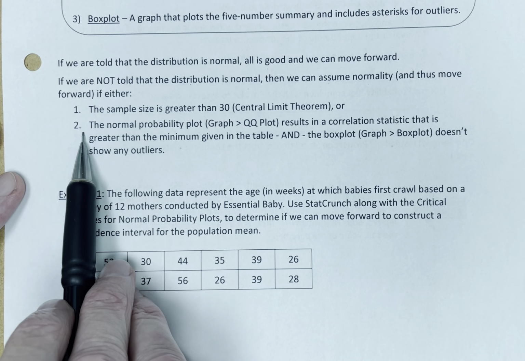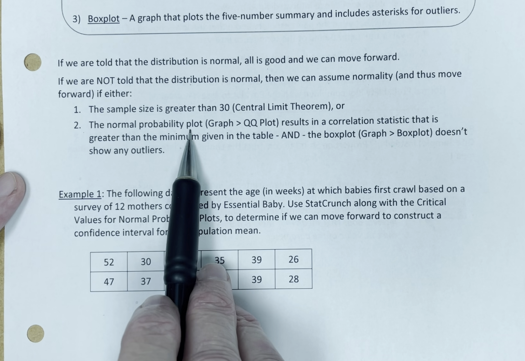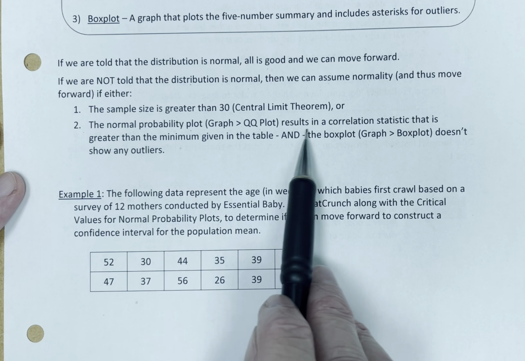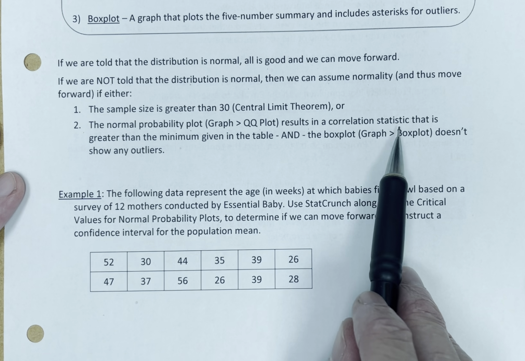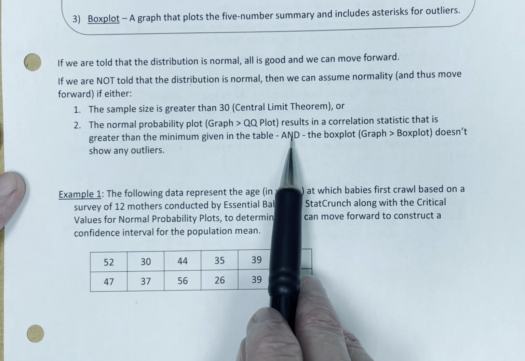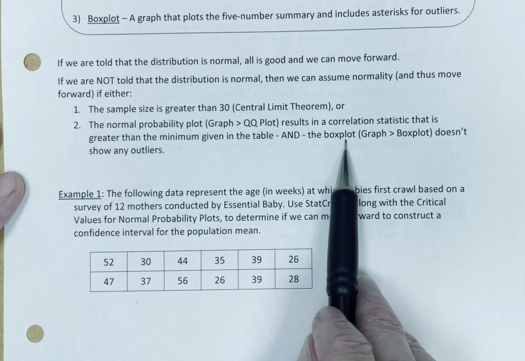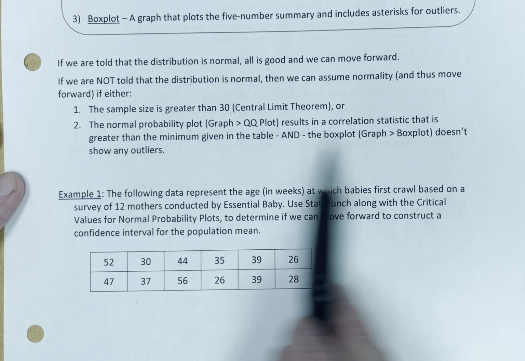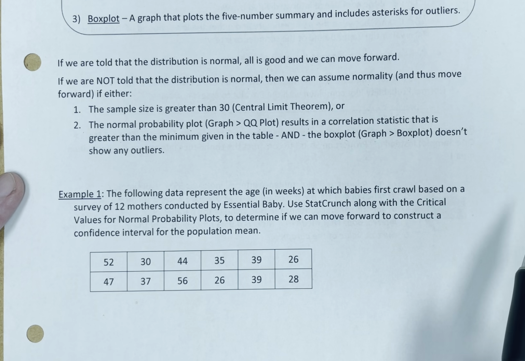Or number two, the normal probability plot, which in StatCrunch is the QQ plot, results in a correlation statistic that is greater than the minimum given in the table, and the box plot in StatCrunch, located under the graph menu, Boxplot, doesn't show any outliers.